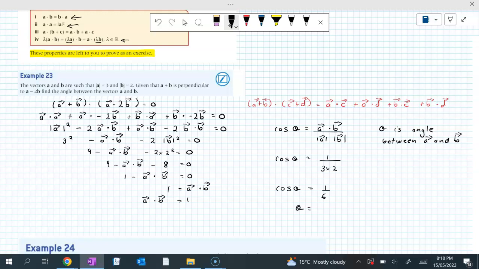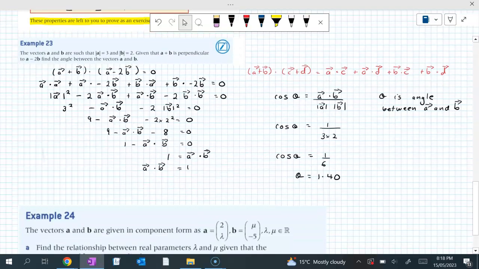And the answer we do get is 1.40 radians, and I indicate that it's radians by not giving it any units, so that's fine for radians. So 1.40 is the angle between A and B.